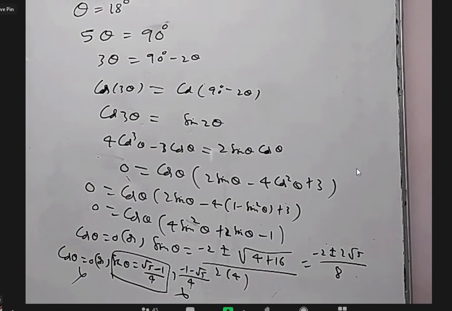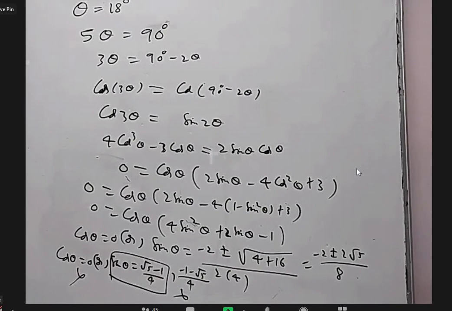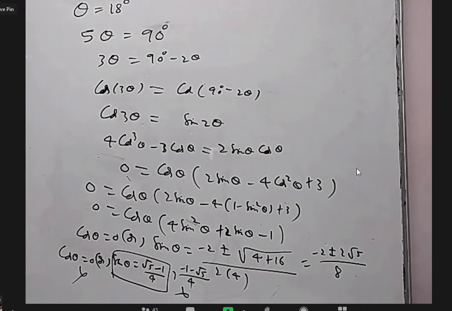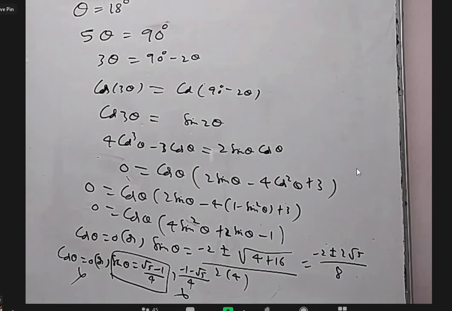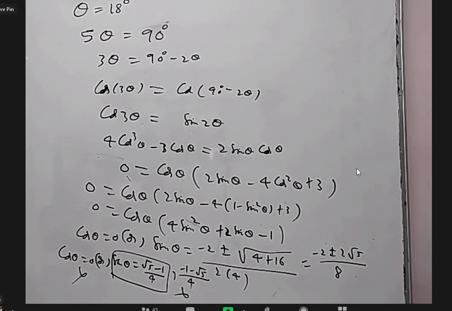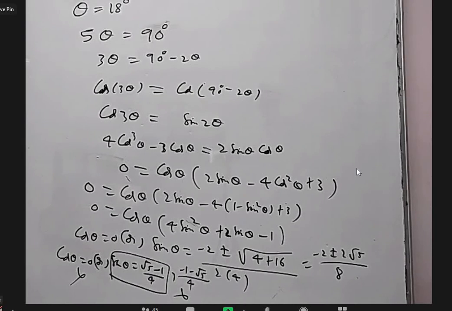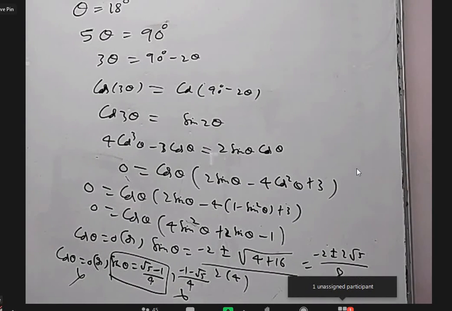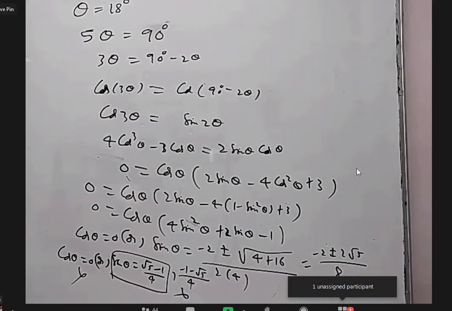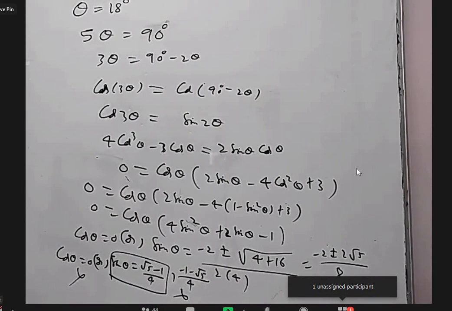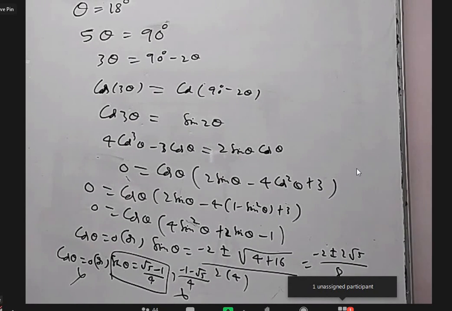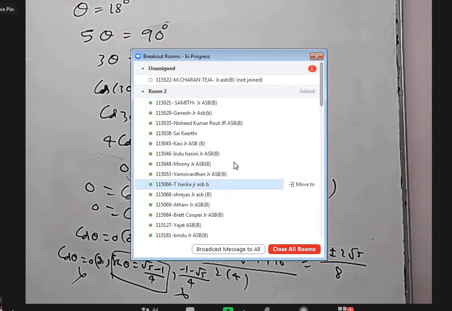Anybody want to give me an idea how to get cos 36 degrees? Cos 36 degrees can be written as cos of 2 into 18 degrees. Yes, so it can be written as cos square 18 degrees minus sin square 18 degrees, but we don't know cos square 18. Sir, we already did sin 18. Using sin square theta plus cos square theta equal to 1, we can get cos square 18 degrees.